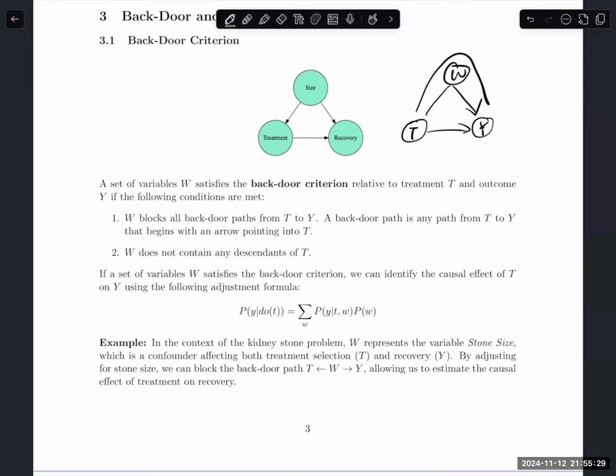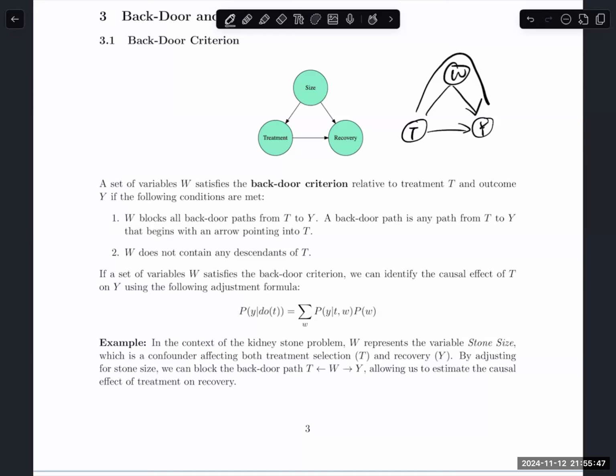The second condition is that W does not contain any descendants of T. If a set of variables W meets these conditions, then we can use it to adjust for confounding and accurately estimate the causal effect of T on Y.